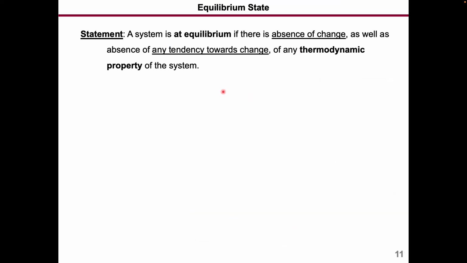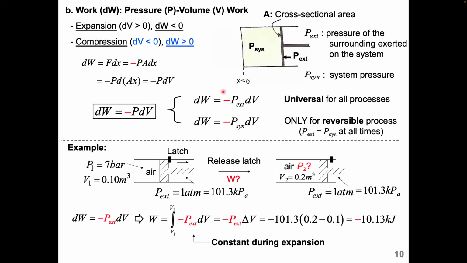All right, so now equilibrium state. Imagine you have this latch, and you release this latch. Like I mentioned, the system pressure is continuously decreasing. Until when, though? When will this latch stop? It will stop when the external pressure and the system pressure are equal.